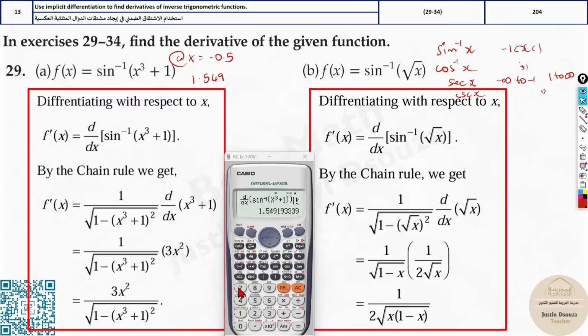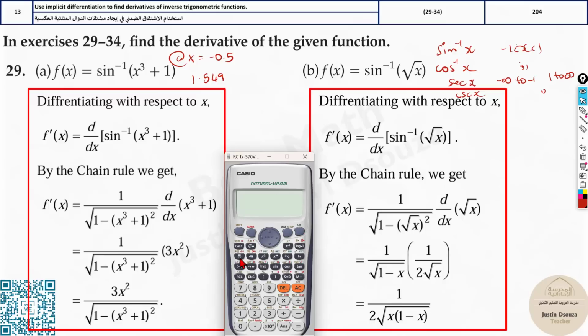Now then, you will have 4 options. Imagine these are your 2 options. You need to type them out. I'll type the right side first. 1 divided by 2 times square root of x multiplied by 1 minus x, close the bracket. What is it? Calculate not at 2, at negative 0.5. And here you're getting a math error. So that can't be the answer.